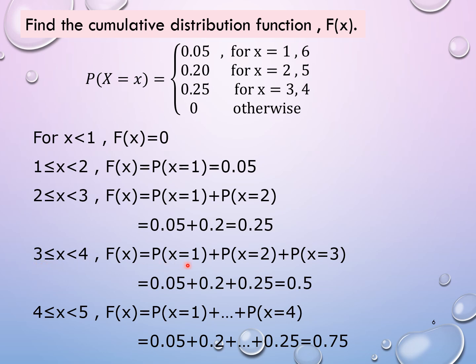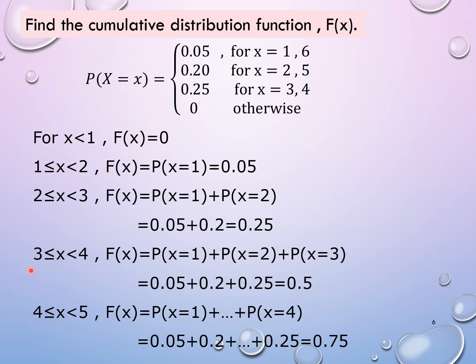We have x equal to 1, x equal to 2, and x equal to 3, only up to 3 because 4 is not included here. So we refer back: x equal to 1 is 0.05, x equal to 2 is 0.2, and x equal to 3 is 0.25. Then you sum up, and you get 0.5.